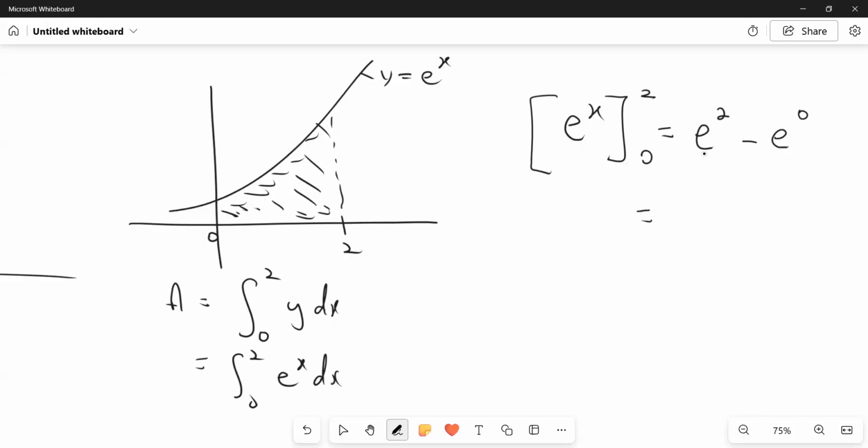Well, you can leave it like this. If you want to evaluate it, that's up to you. You're just going to get an ugly decimal.